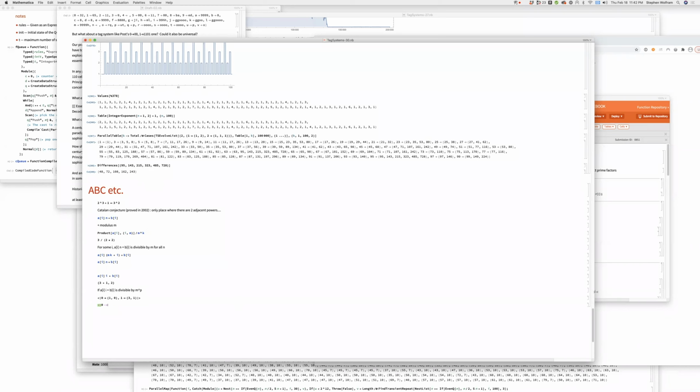The question is, how many powers of m, how many powers of 3? Why can we divide this one by any powers of 2 in this case? So we don't get to divide this.